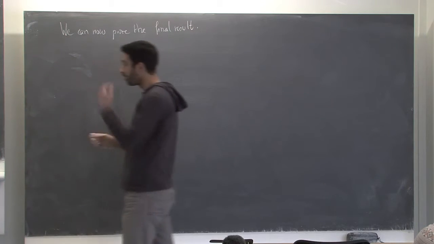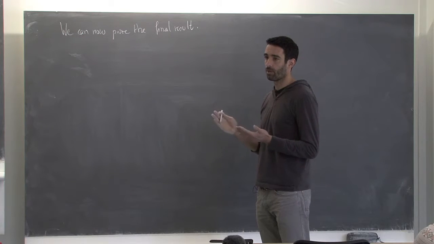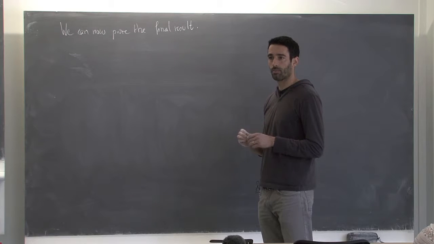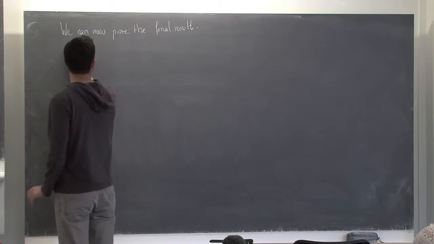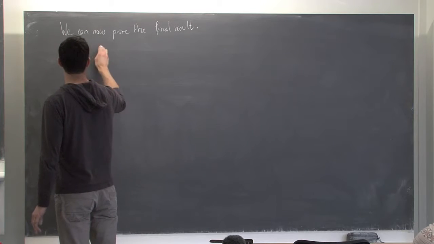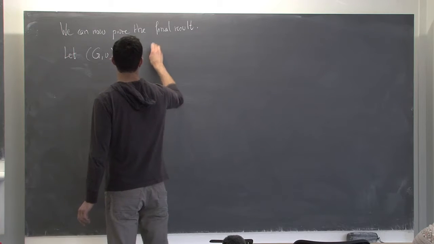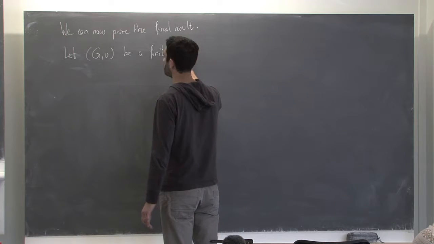So I'm going to show you how to compute in polynomial time, if you bound the genus, the partition function of the dimer model on any graph. So let G, nu be a finite weighted graph.